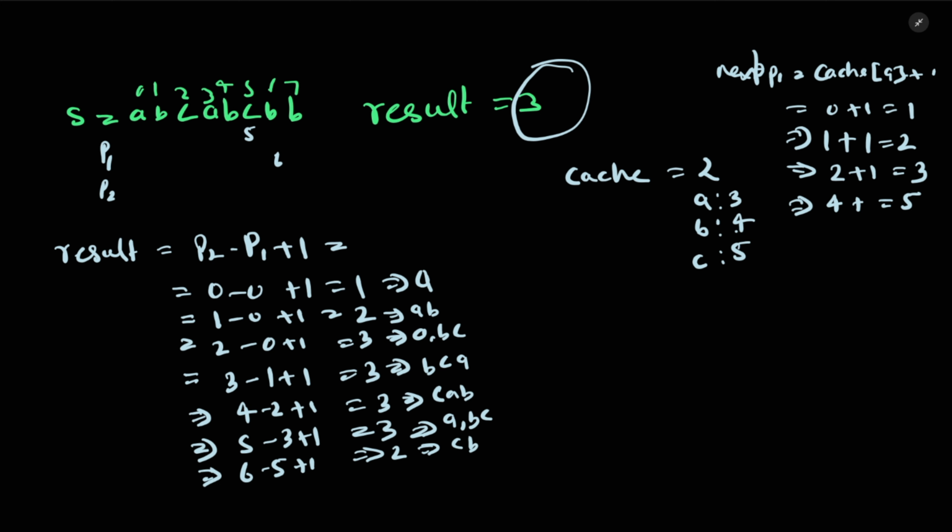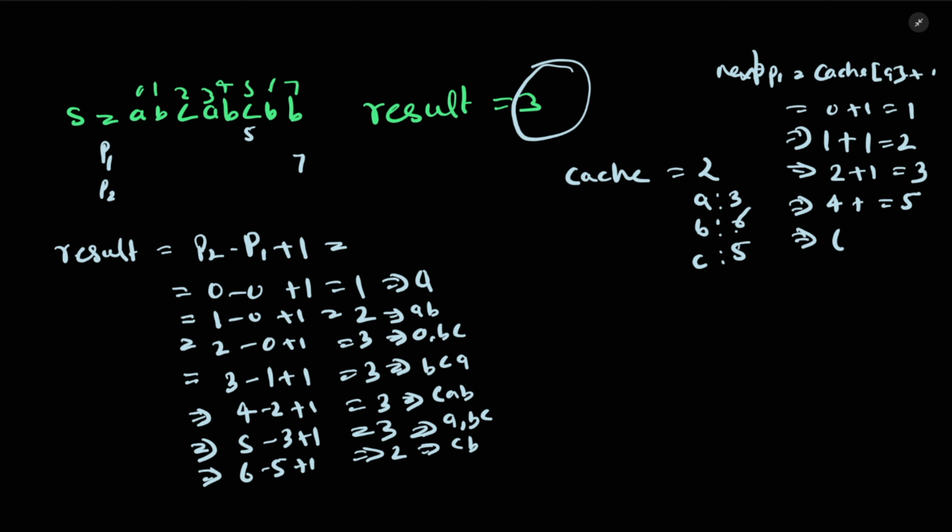Now we will move one step ahead, p2 will go to the 7, and again we can, okay, so I forgot to update the position of the b. So position of the b here will be 6. Now if I move to the b, I will check if I have seen b previously. So I have seen the b previously, so I will calculate the next position of the p1.